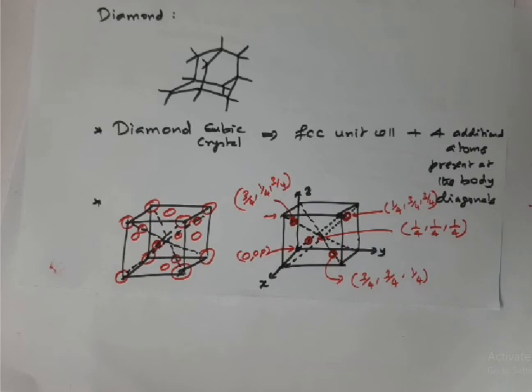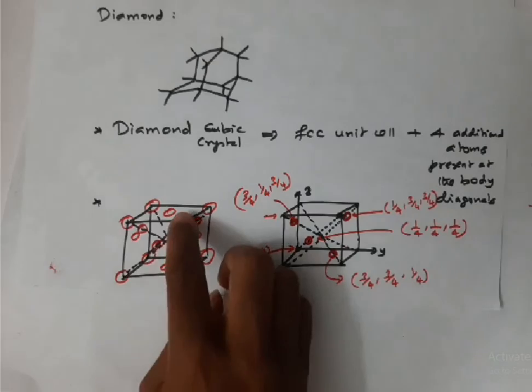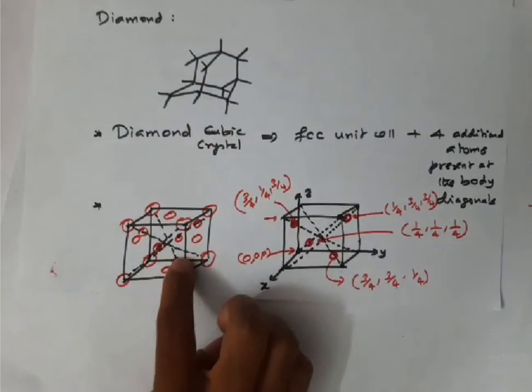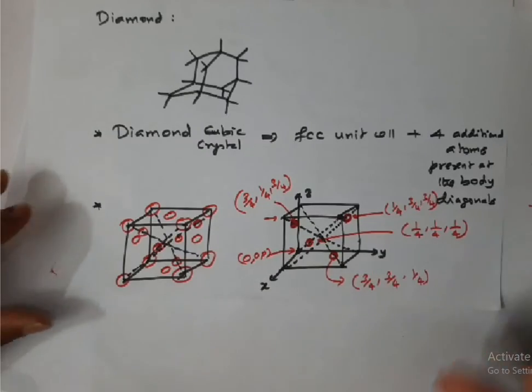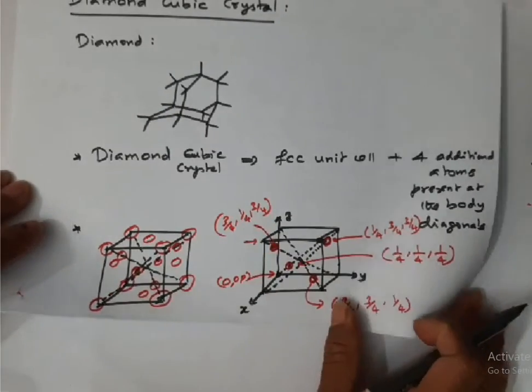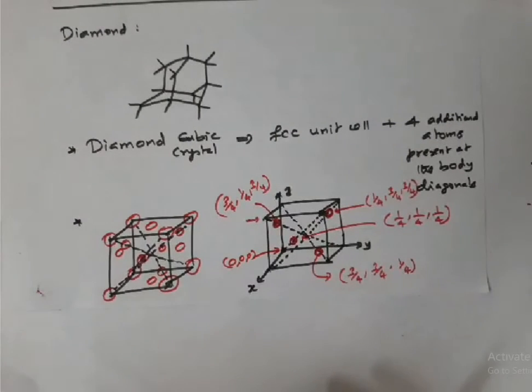Yes, sir. Okay, so this is diamond cubic structure. Now, in diamond cubic crystal, one unit cell consists of how many atoms? That is rank. What is the rank of the unit cell present in diamond cubic crystal? Let me write in the next page.